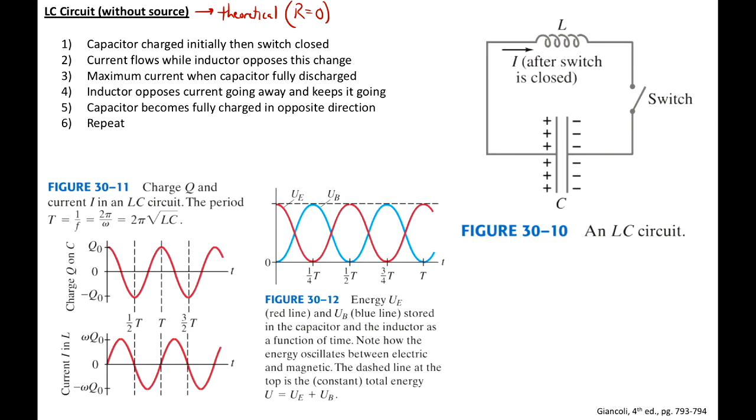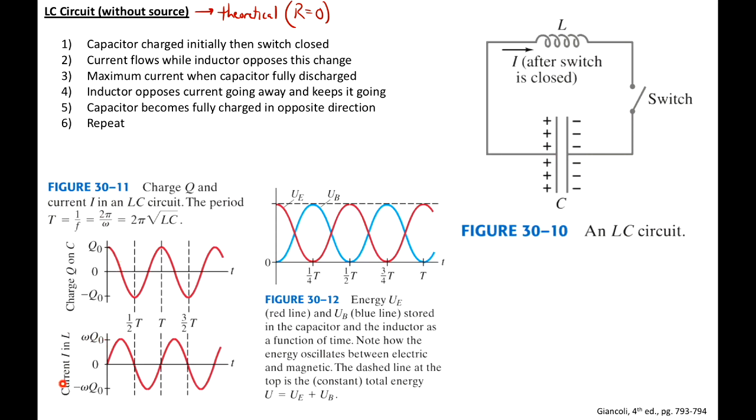We know that the inductor is going to oppose that and then start to allow it to happen. So if I were to look down at this graph, you can see that we're starting with the charge on the capacitor. It starts at its maximum value and it's going to start falling as it loses charge. That seems to make sense.